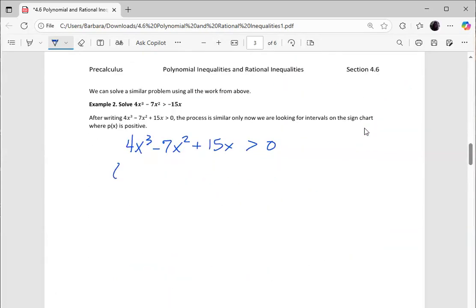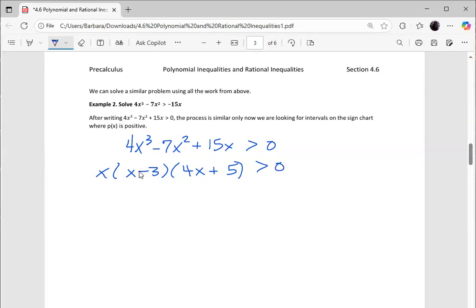And that's what it is in factored form. So we have x times x minus 3 times 4x plus 5 is greater than 0.